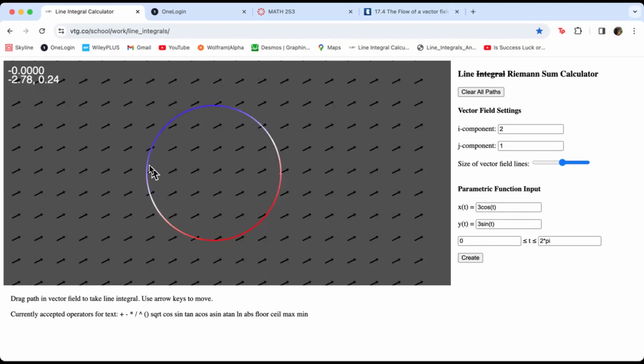And then in the upper half, we get that blue part indicating the negative values. And the amount of positive value and the amount of negative value are the same, canceling each other out. Here's a quick line integral visualizer using a line Riemann sum.